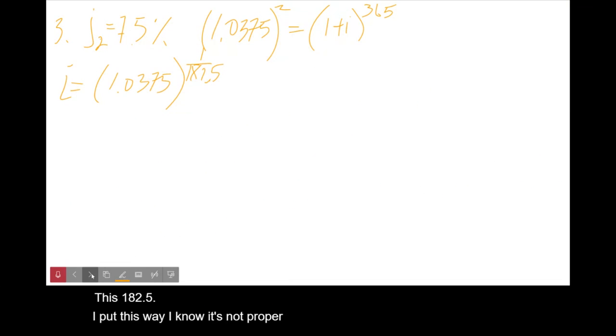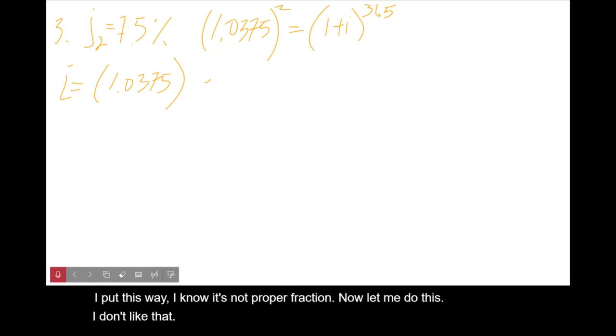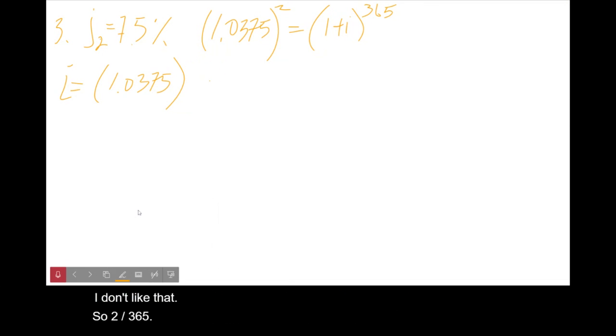Oh, actually, let me do this. I don't like that. So 2 over 365. 2 over 365 minus 1.